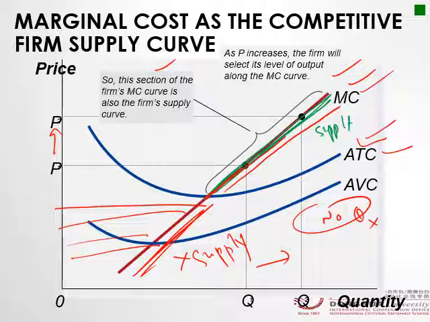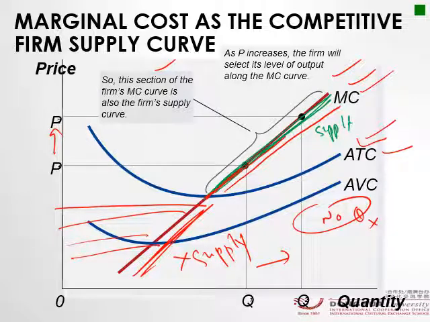Price increase, quantity increase, or supply curve is upward sloping, right? So if you see the MC, marginal cost, it is increasing. If the cost is increasing, quantity is also increasing, right? So it means it can be used as a proxy for supply curve, right?